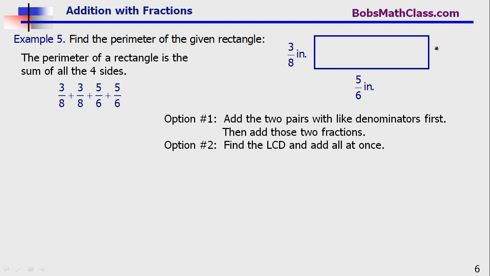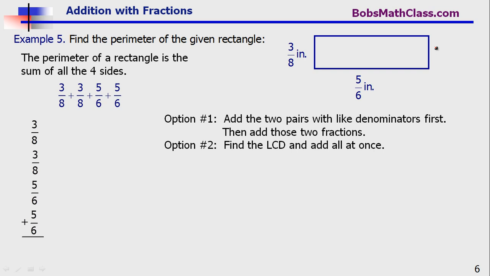I'm going to add them all at once, just show the 4 fractions at one time. But it doesn't really matter. It's really just preference. Maybe it doesn't look that good because it's 4 fractions all vertical.